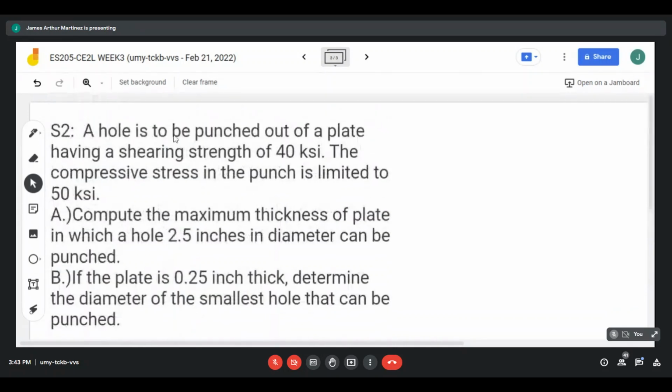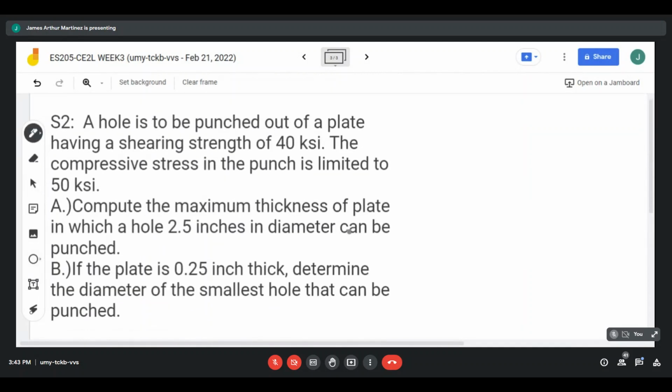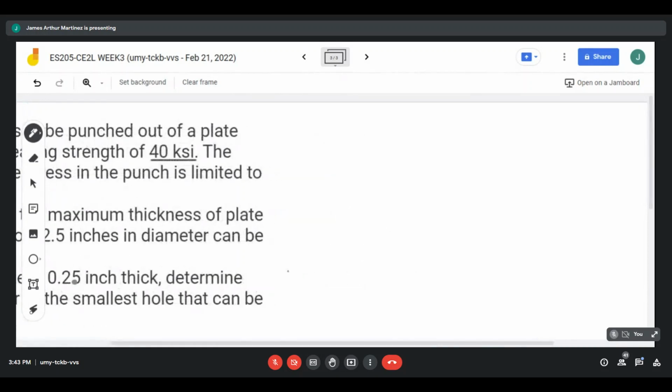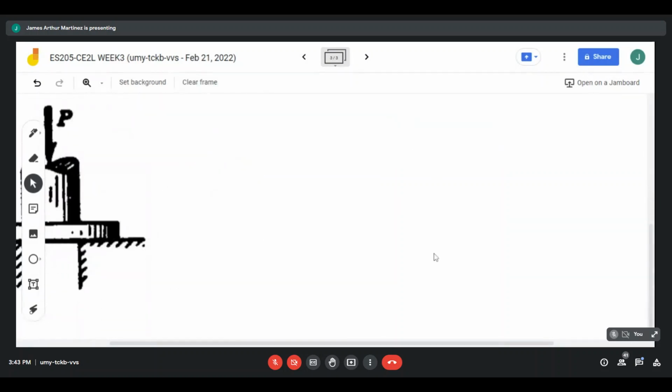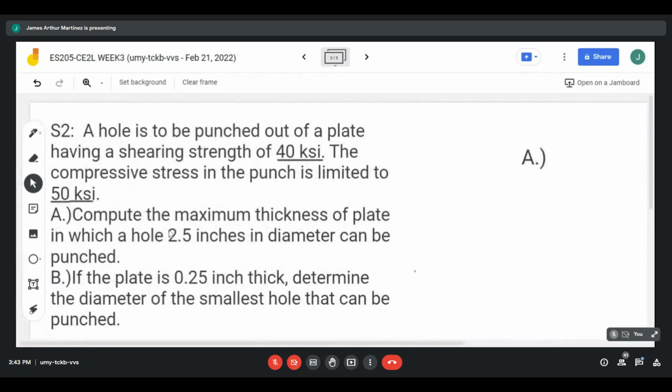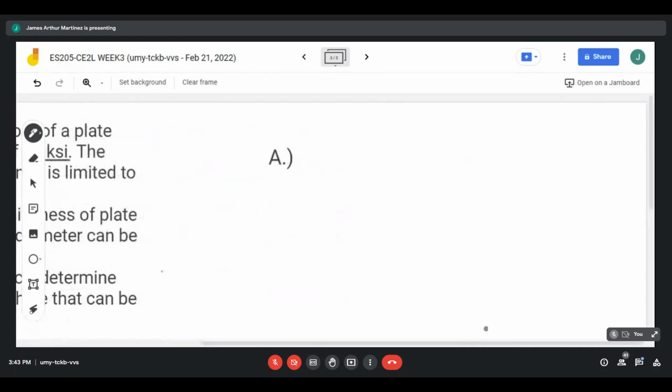You have a hole that is to be punched out of a plate having a shearing strength of 40 KSI, and the compressive stress in the punch is limited to 50 KSI. Okay, for letter A, compute the maximum thickness of the plate in which a hole of 2.5 inches in diameter can be punched out.